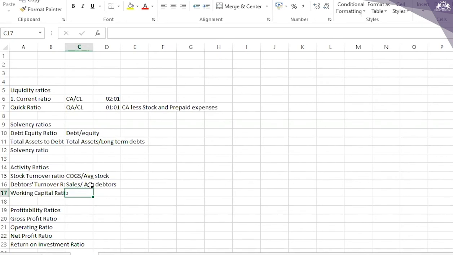Higher the ratio, better it is, because it indicates that the debts are being collected quickly, and so the chances of bad debts, chances of doubtful debts is less.